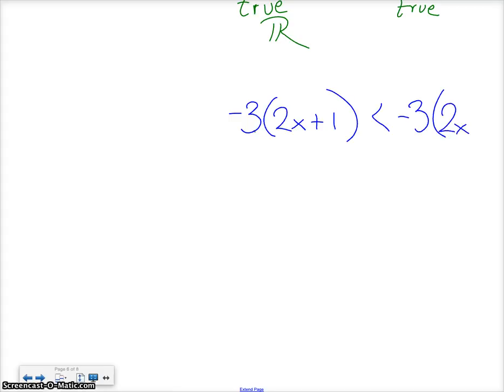I'm thinking, I know what I'm going to do. I'm not going to distribute on that one. I'm going to write -6x plus a -8. This will be a no solution because I was purposeful when I made it.